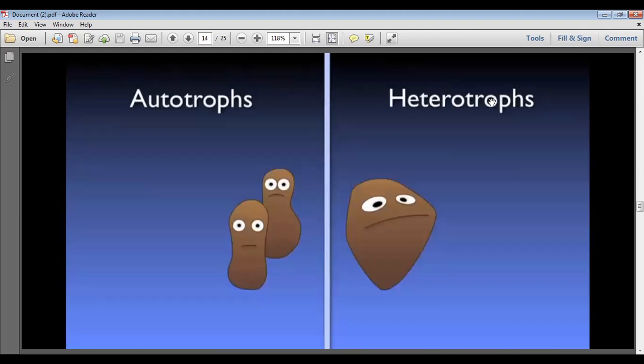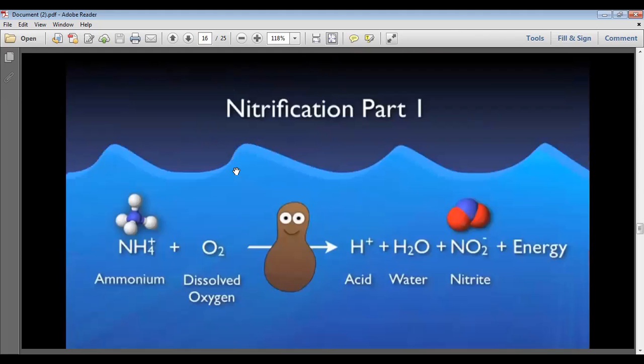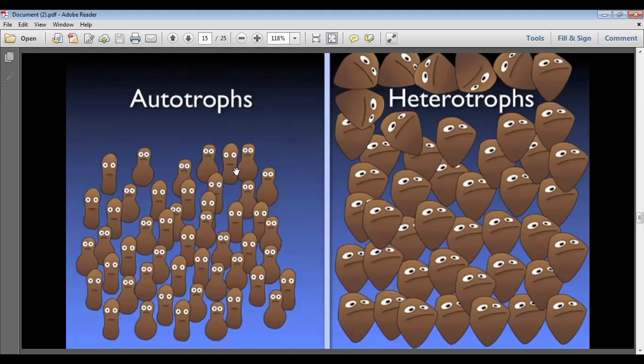In terms of population, the heterotrophs exist higher because of the bacteria consumption, and autotrophs are lesser. These are the responsible bacteria which convert ammonia into nitrites and nitrates.